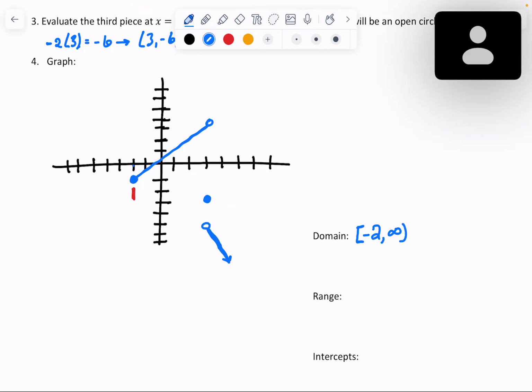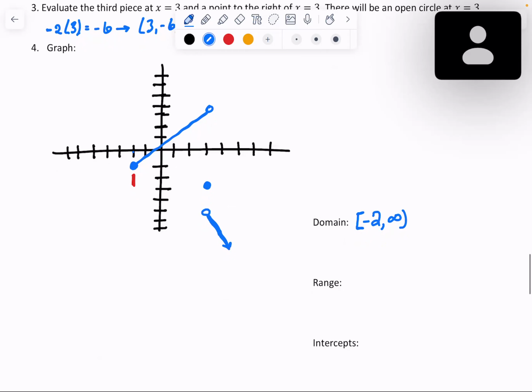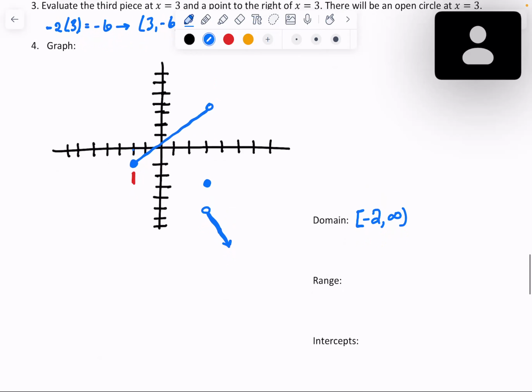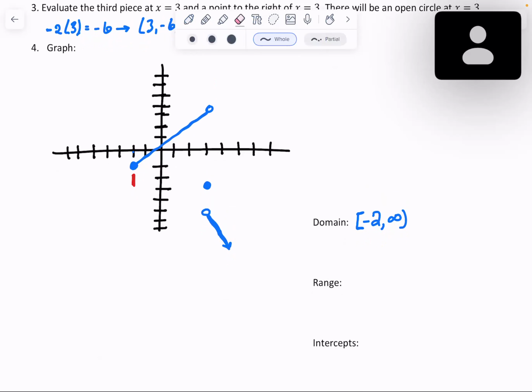The range, I just write as a union of intervals, because in this case none of these pieces overlap. So how you can write it is just look at the range of the first piece, the range of the second, the range of the third. If I'm looking at the first piece, the range is from here to here, right?